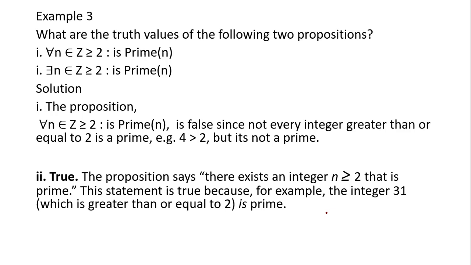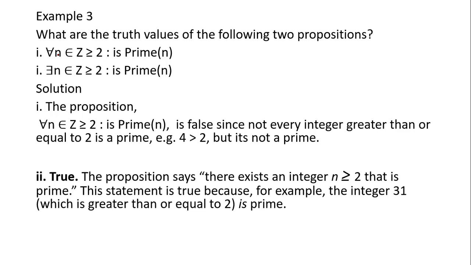I. For all n belonging to the set of integers Z, n greater than or equal to 2, n is prime. So we are saying that all integers which are greater than or equal to 2 are prime numbers. That's the meaning of the first statement.